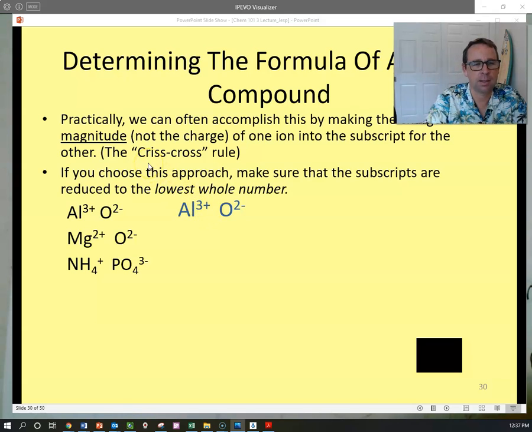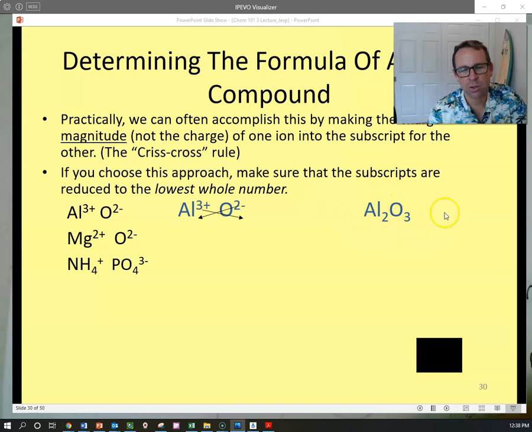To balance it, how many aluminums? It would be Al2 and O3. Very good. And there's our little crisscross rule we talked about. Al2O3. Excellent job.